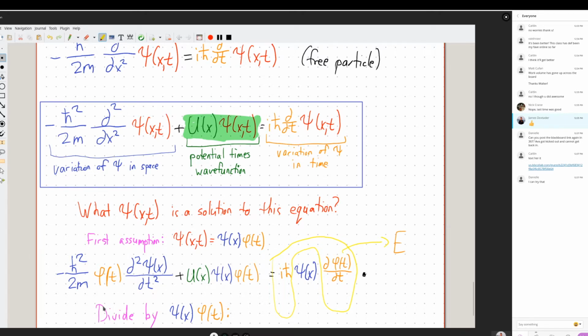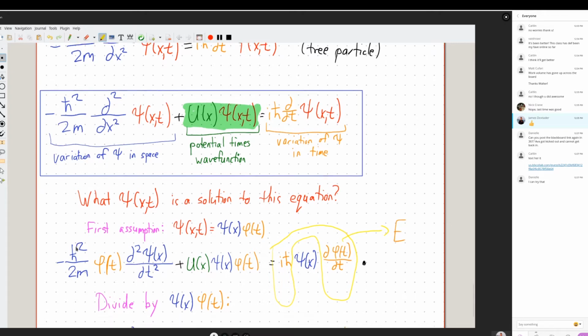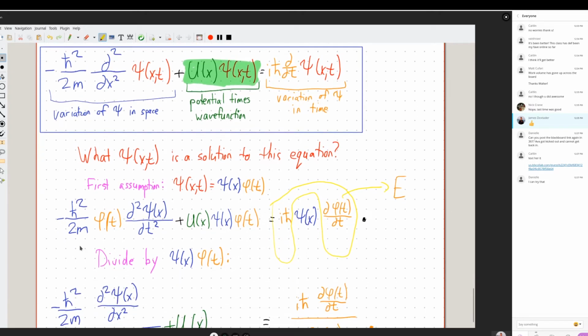And there's a particular kind of solution that is super interesting to us. These are solutions that factorize. So solutions where the overall wave function, psi of x and t, is the product of a part that depends only on time with a part that depends only on position. I've kind of color-coded this.